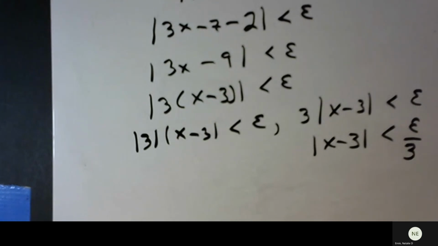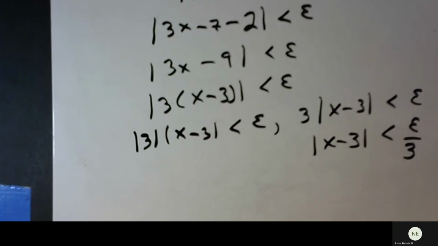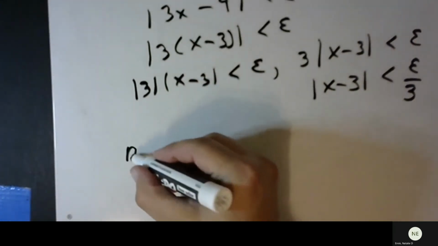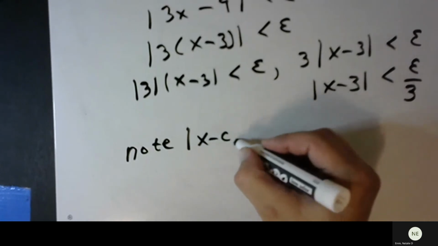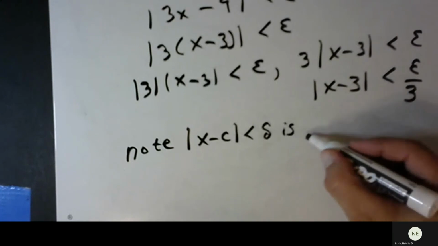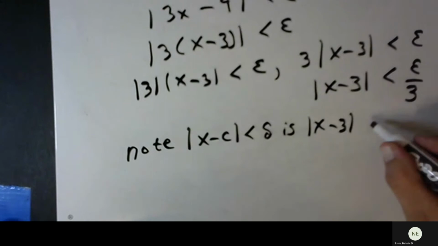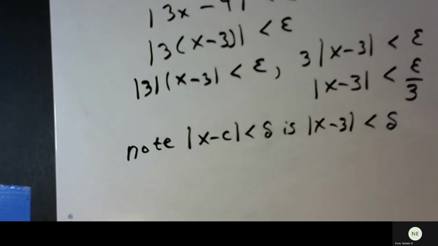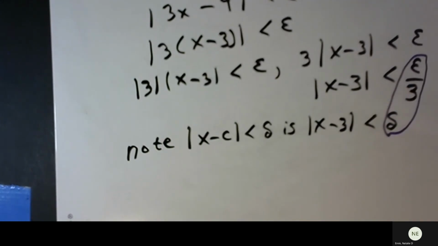So what's significant about this? Why am I stopping here? Well, let's note that the absolute value of x minus c less than delta is going to be x minus, and c was 3. So what this says is that delta and epsilon over 3 are going to be the same thing.